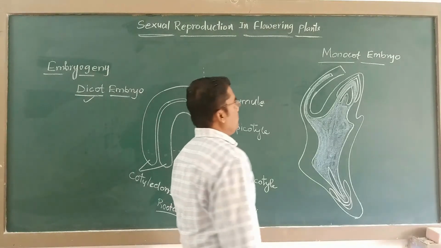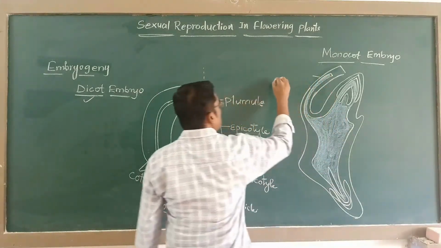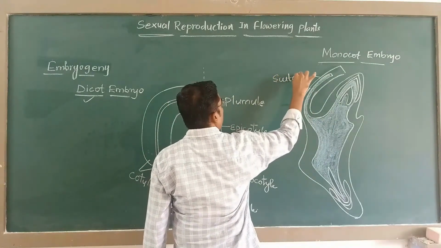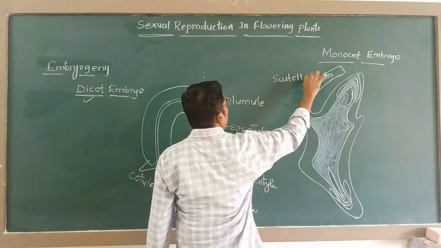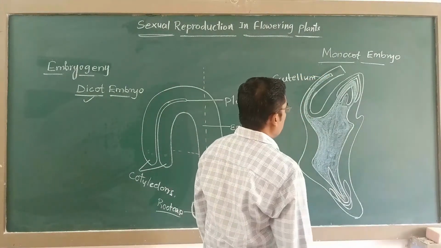Now we label the parts. This is the structure, it is called scutellum.